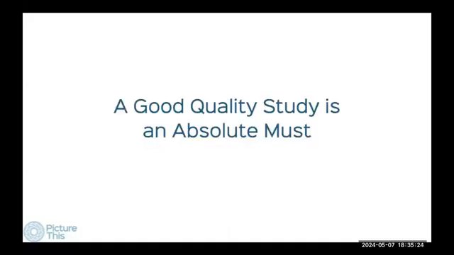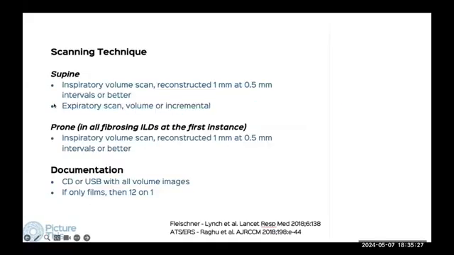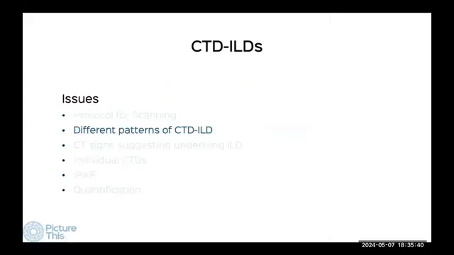The protocol for scanning: a good quality study is an absolute must if we want to make a good diagnosis. This is the protocol: volume inspiratory 1 millimeter scans, expiratory scans, and volume prone 1 millimeter scans.